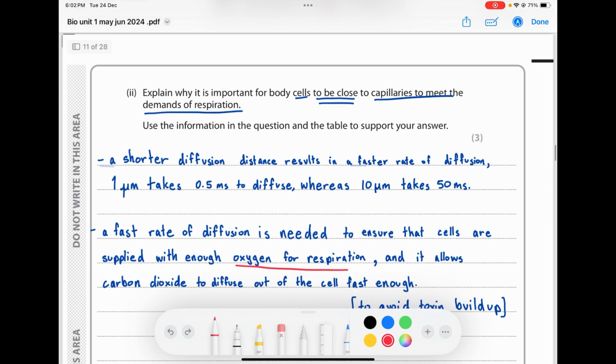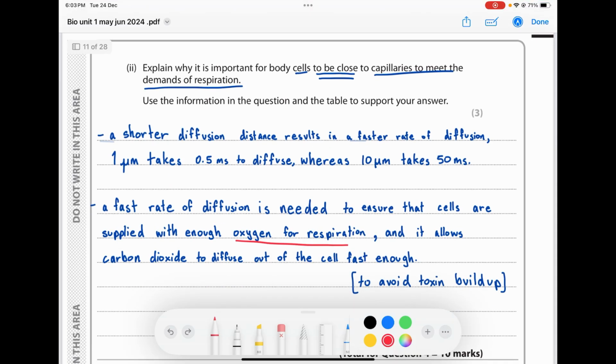Now moving along, we have: explain why it is important for body cells to be close to capillaries to meet the demands of respiration. Use the information in the question and the table to support your answer. Now, we can see that a shorter diffusion distance results in a faster rate of diffusion.